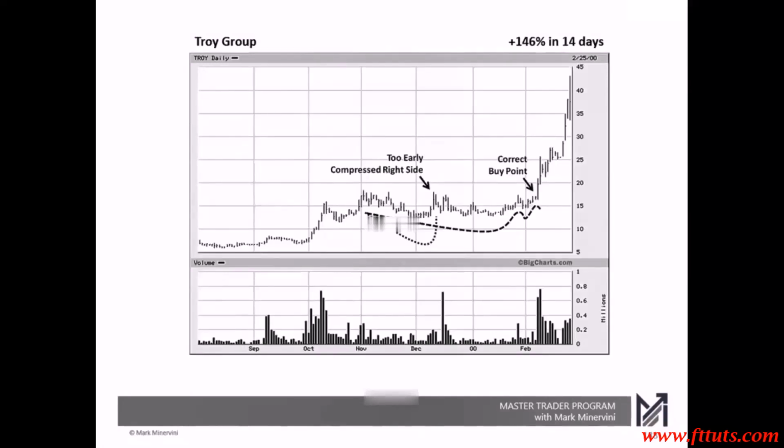Then you forget about it, and 2 months later, the thing breaks out and has this huge move. That's why you should have a list. On MarketSmith, you can create all sorts of lists, and you check them every week to see if it's setting up again. Because boy, if you had been on the stock too early and then forgot about it, look at the move that you would have missed.